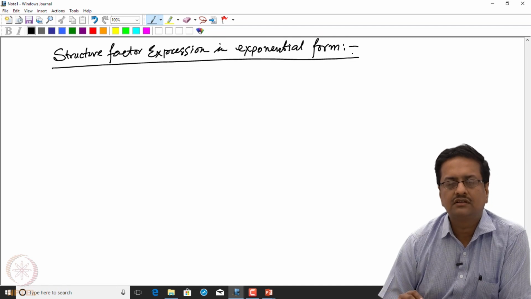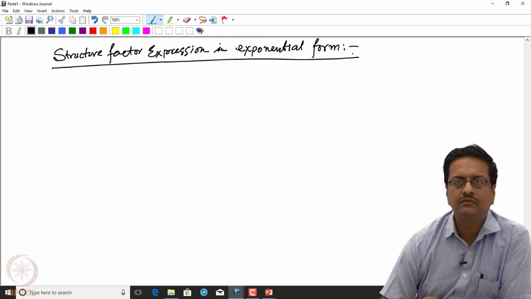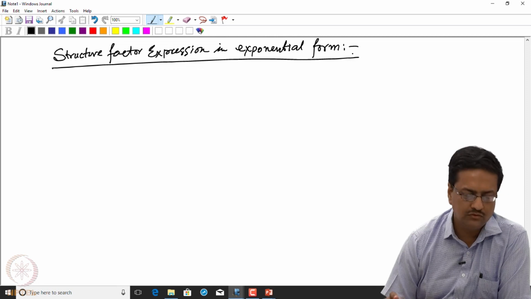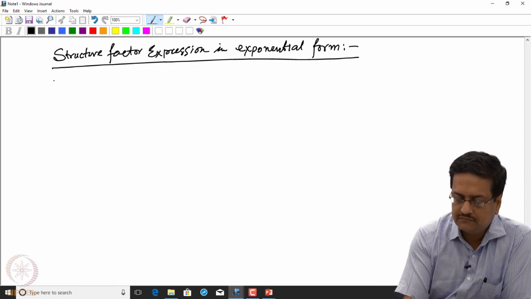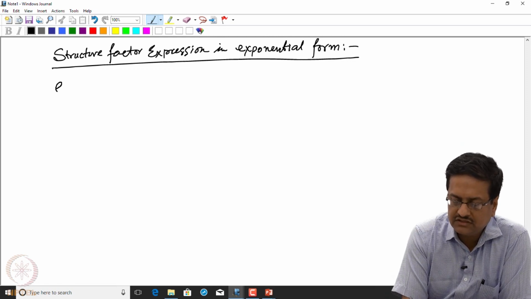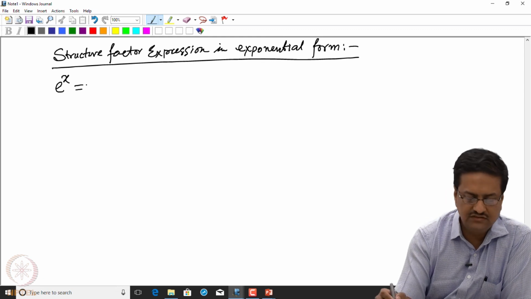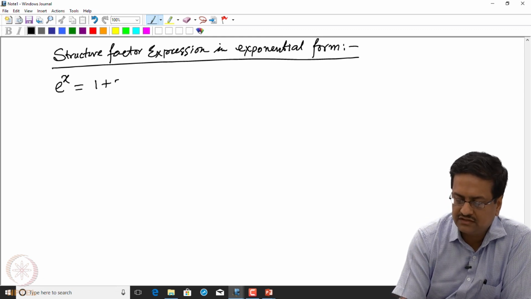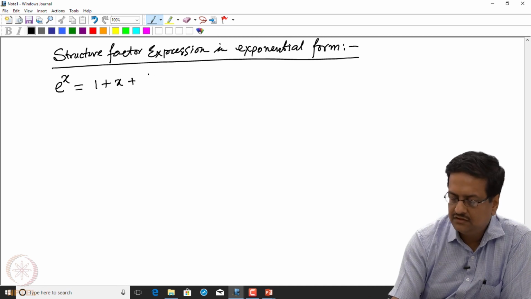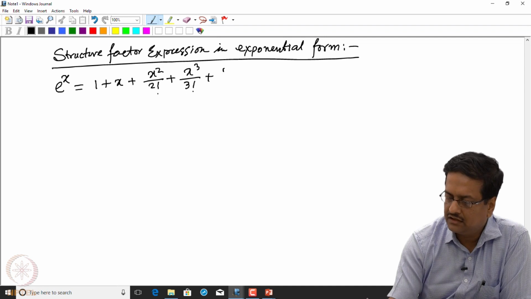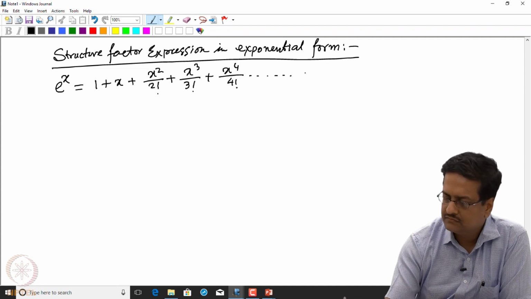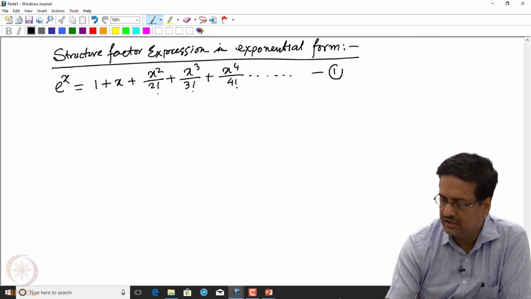So once again, for our use, we need to know a few mathematical expressions. We need to know the expression for e to the power x, which is 1 plus x plus x square by 2 factorial plus x cube by 3 factorial plus x to the power 4 by 4 factorial and so on, as equation number 1.